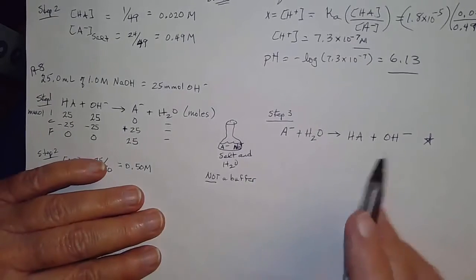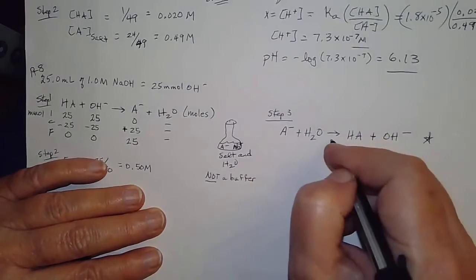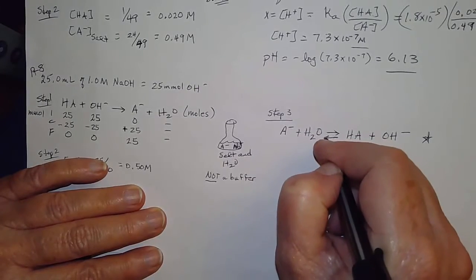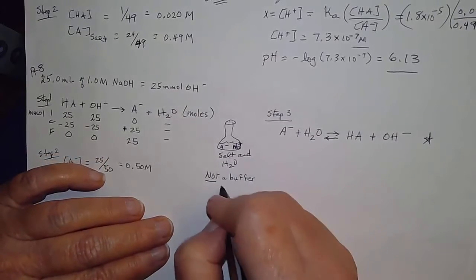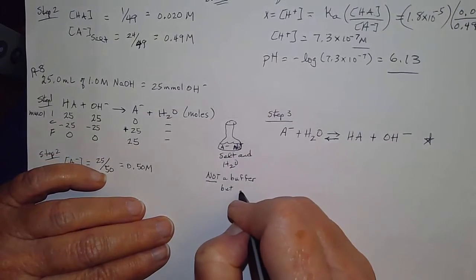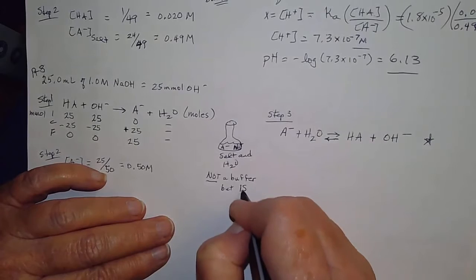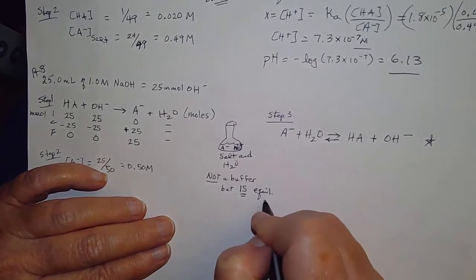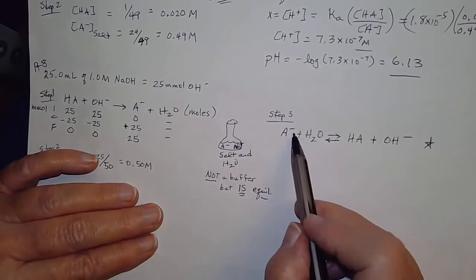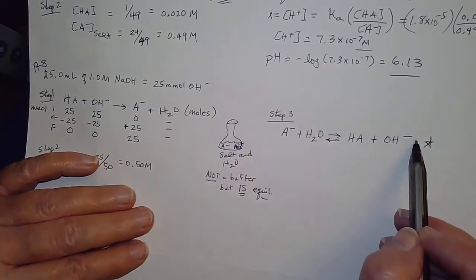All right. So this is how to generate, and this is not a chemical reaction. I messed up. That's an equilibrium. This is an equilibrium. It's still equilibrium. You just have to write it yourself.